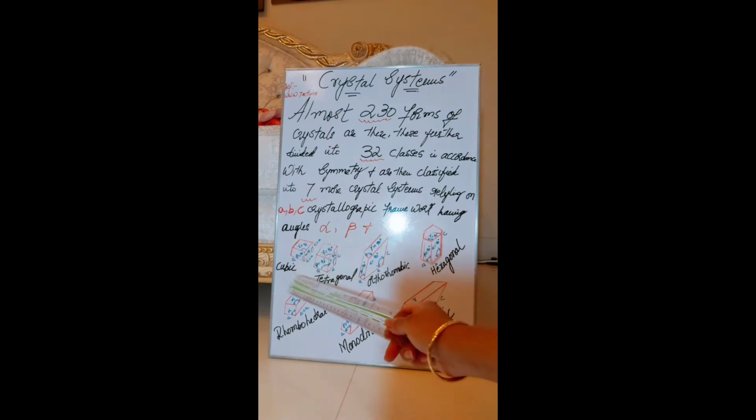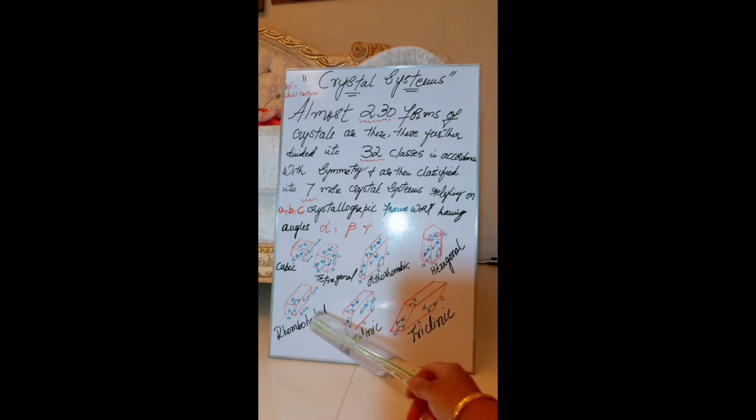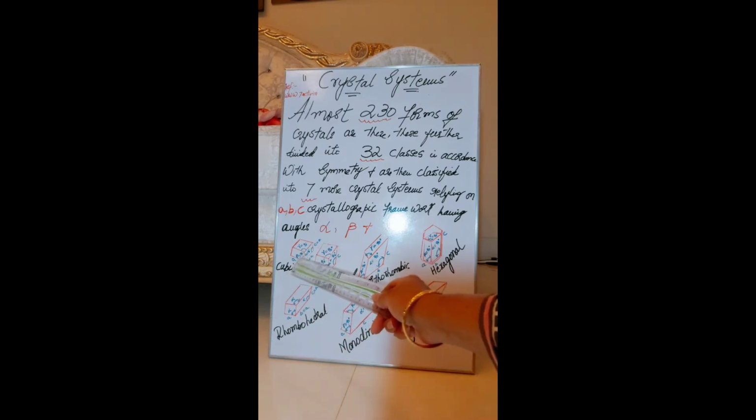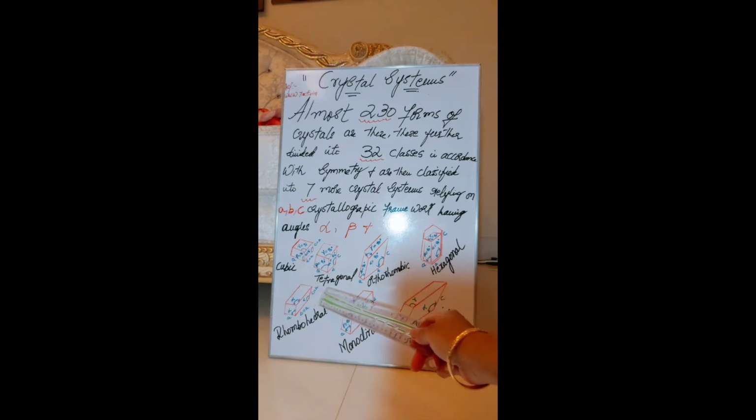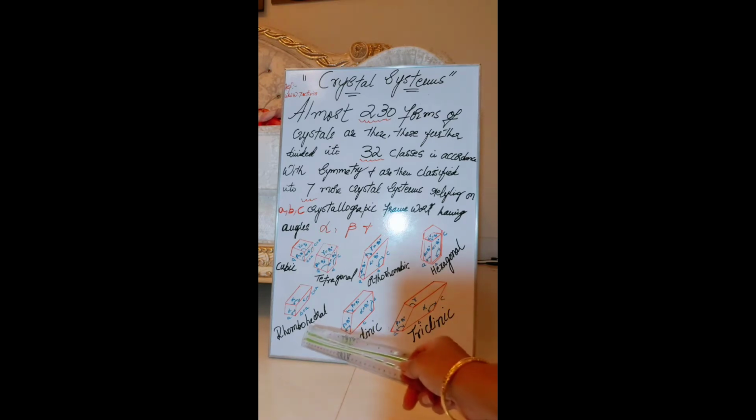Now here you can see the 7 different crystal systems, right? Now this is the cubic one you can see here, and then the tetragonal, orthorhombic, hexagonal, triclinic, monoclinic and rhombohedral.